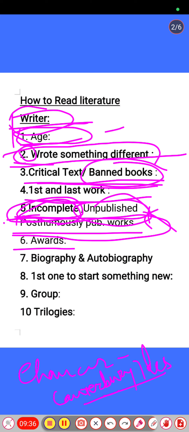Then the sixth point that I have added was awards. Now awards are always important, but not all awards are important, because if you try to mug up the whole list, you won't be able to revise or recall it, because there are many awards. National awardee is there, Booker awardee is there, Booker of Bookers awardee is there, Man Booker is there, Sahitya Akademi is there, Dadasaheb Phalke award is also there.